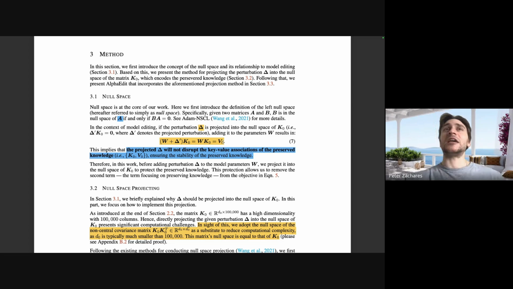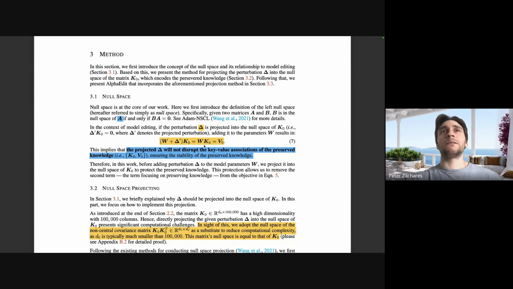So this means that if you can make all your updates to the model in the null space of K naught, then you don't have to make that trade-off. You can learn new information without sacrificing your ability to look up old information.